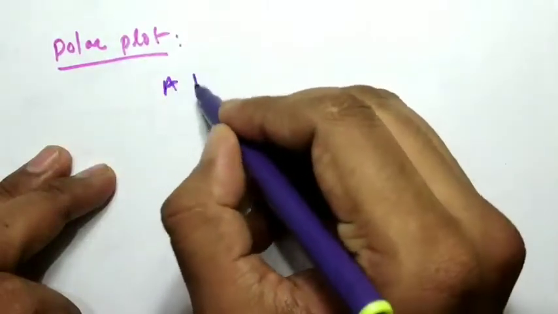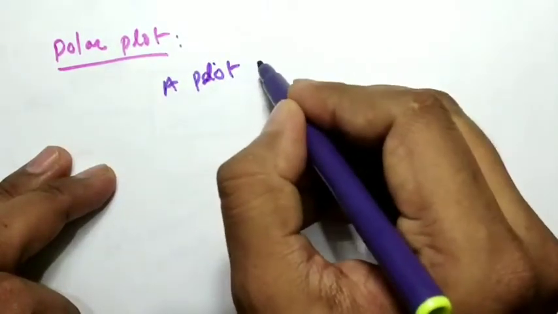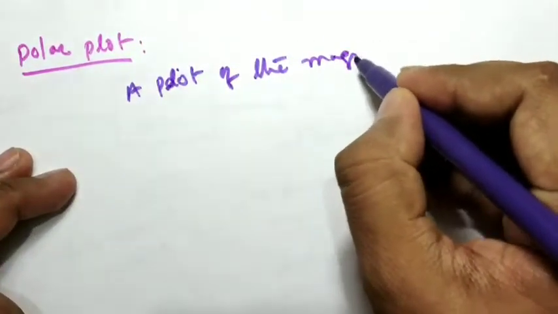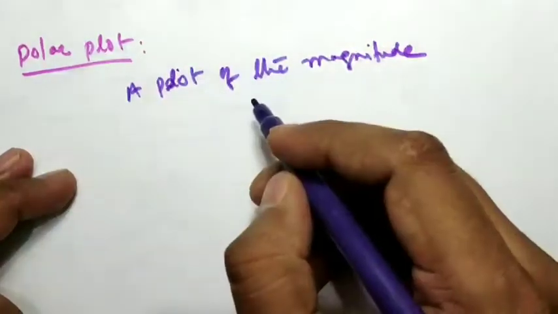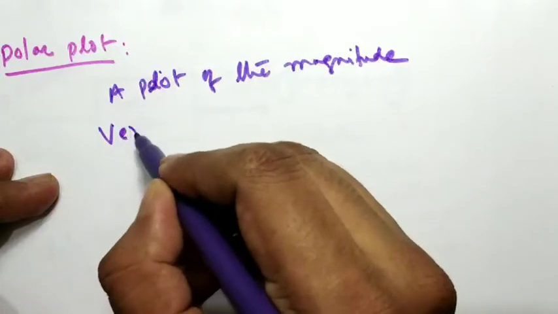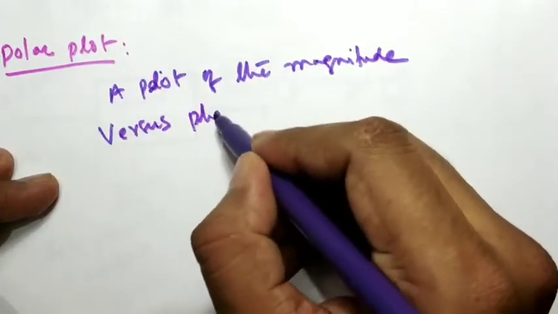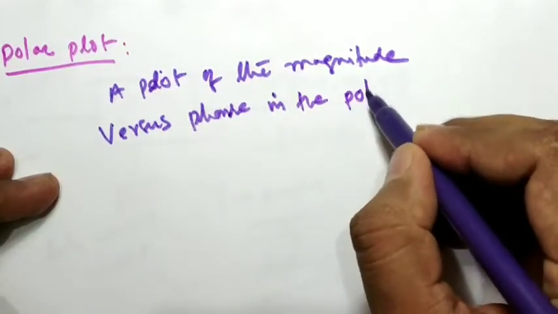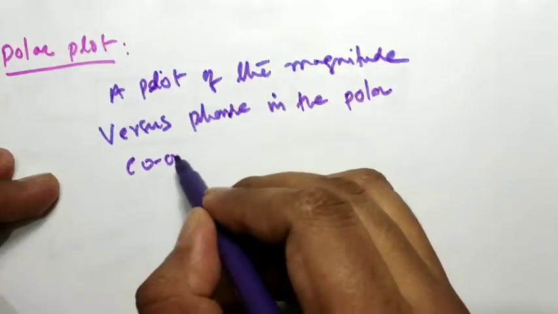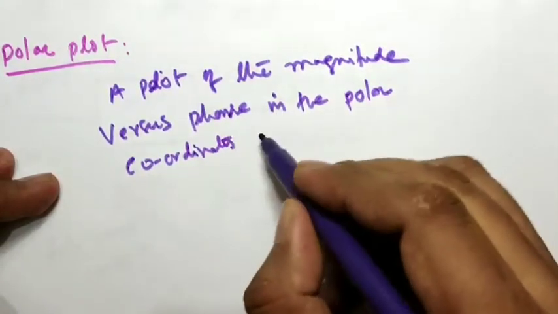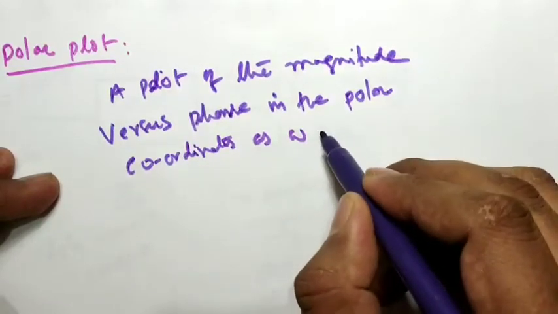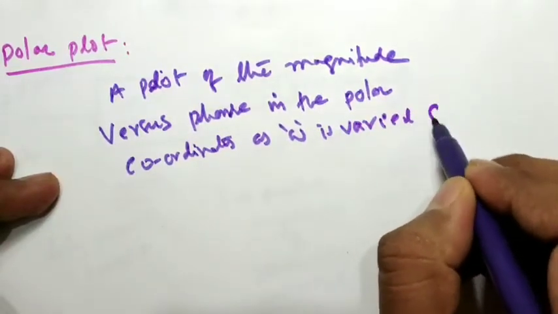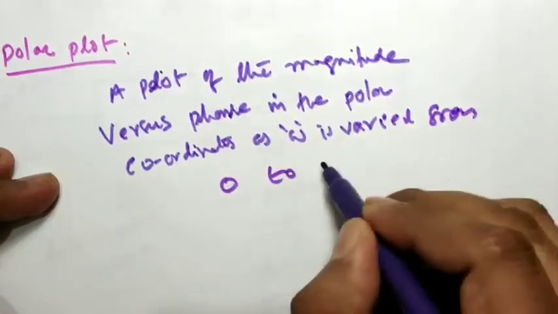So a plot of the magnitude versus phase in polar coordinates as omega is varied from 0 to infinity.